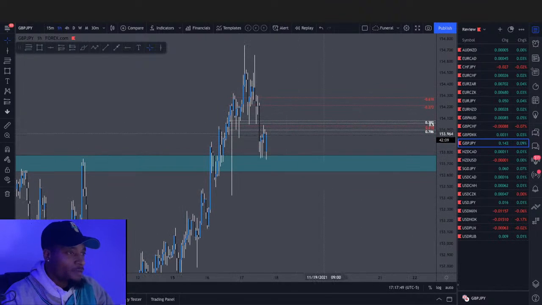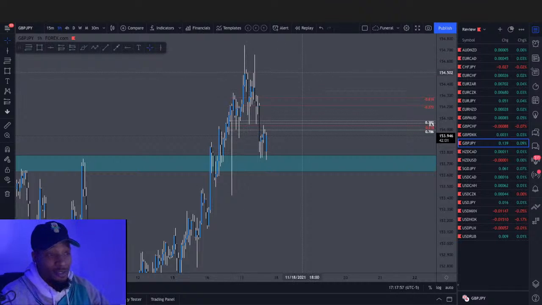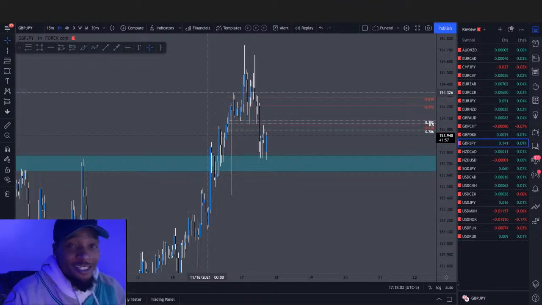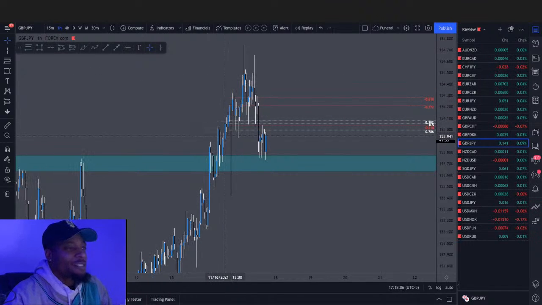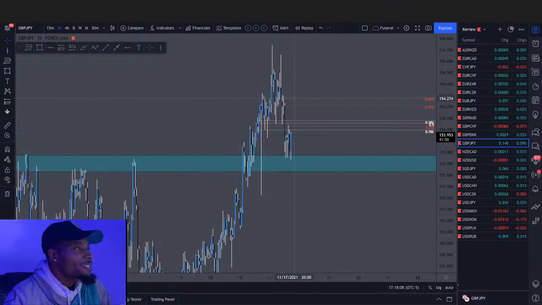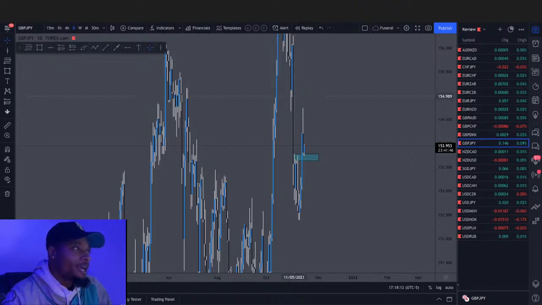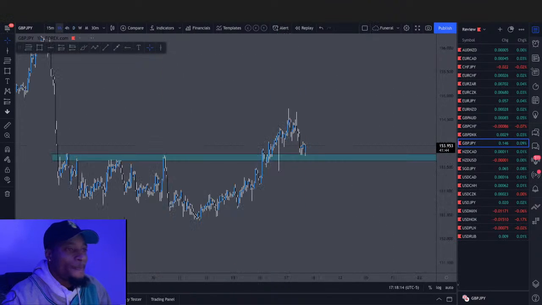Imagine everybody that was in for the buys. And then this candle happens at 5 o'clock and then shoots back up and they continue to see higher highs. Sheesh. Be heated. All my stops at break even. Expecting GJ to explode to the upside. Nah, pimp, we going without you. That's crazy.